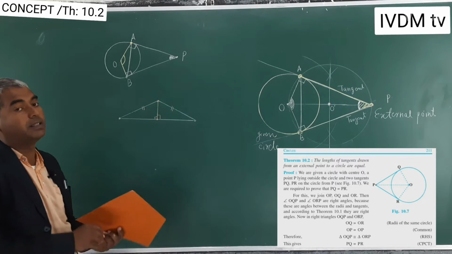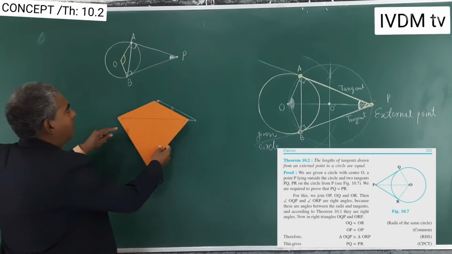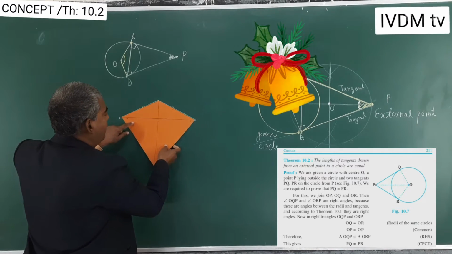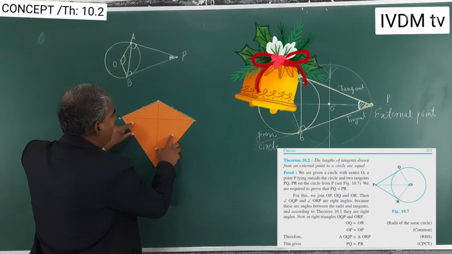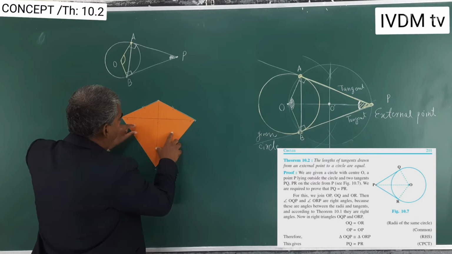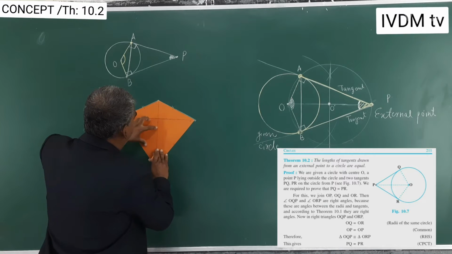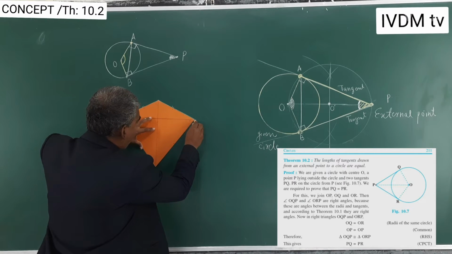This is the theorem in class 9th. And you have another isosceles triangle. Where? This one.